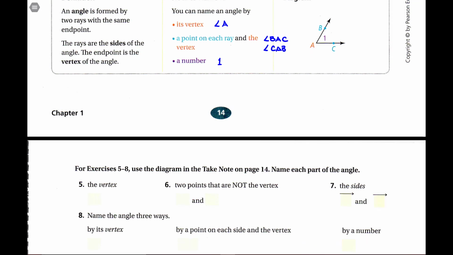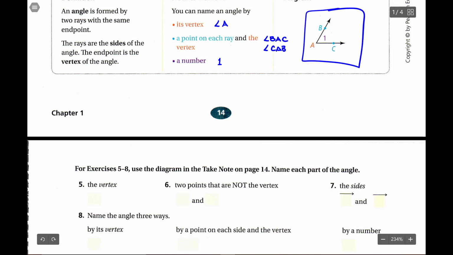For 5 through 8, we're going to use the angle right here to name each part of the angle. The vertex, we've already established, is A. Two points that are not the vertex are B and C. And the sides are going to be those rays. The first ray is AB. The second ray is AC.